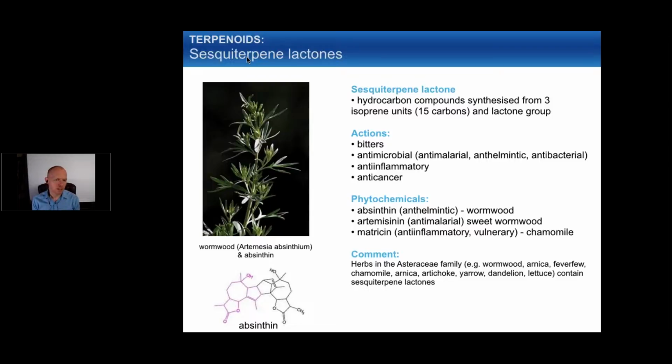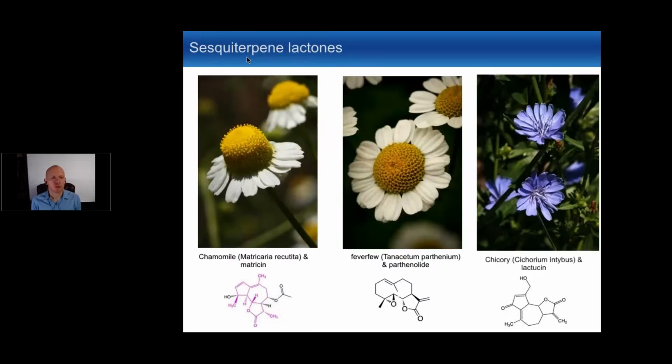Another example is matricin, which is shown at the bottom there. That's one of the main active ingredients in chamomile. And you can see, if you go and count, the pink structure has 15 carbons. On the right-hand side of that structure, there's basically a little acetyl group that's been added to it.